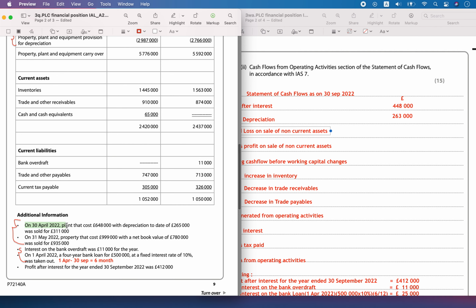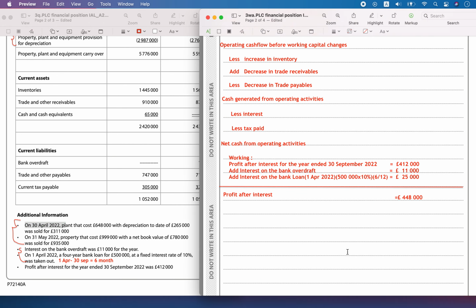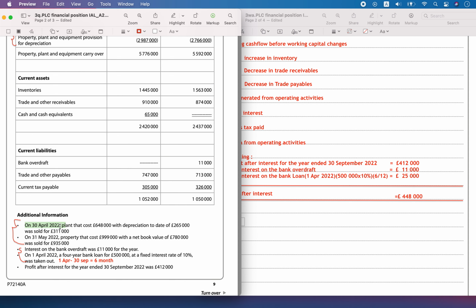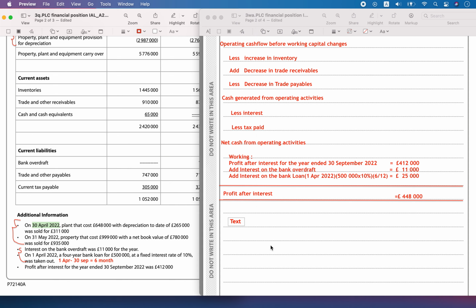Let's see on 30th April 2022 whether a loss or profit has happened. So for this, on 30th April, let's calculate the profit or loss.